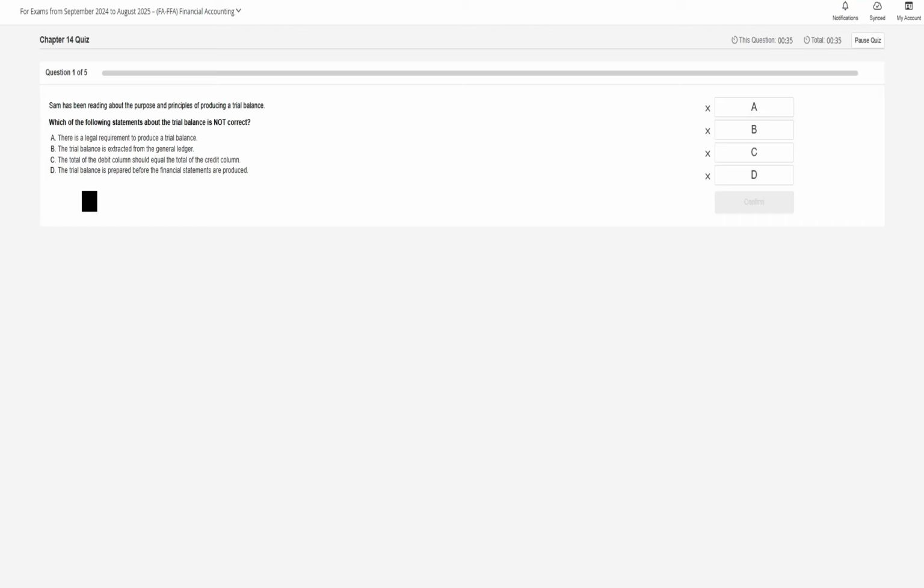The first one is saying there is a legal requirement to produce a trial balance. No, there is no legal requirement to produce the trial balance. As I have said previously, there are 5 things which comprise the financial statements: your statement of profit or loss, also known as the income statement, then the statement of financial position, then the statement of changes in equity, the statement of cash flow, and disclosure notes.